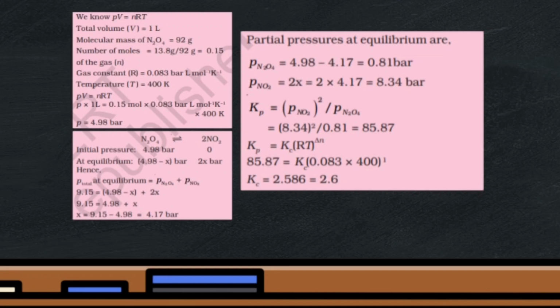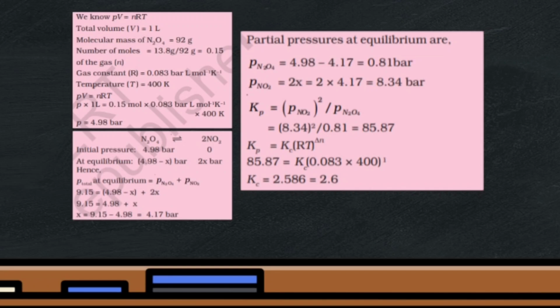And hence P total can be calculated as the pressure of N2O4 plus pressure of NO2. So here total pressure is given in the question as 9.15, and we know that the pressure of N2O4 is 4.98 minus x and the pressure of NO2 is 2x. So solving, we will get the value of x as 4.17 bar.